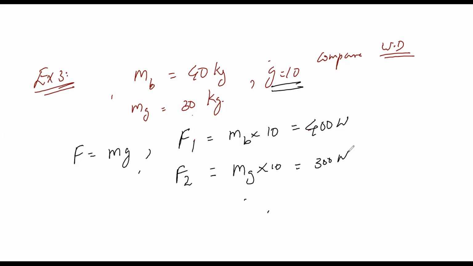After finding the force, next is the total height climbed. They have given that a boy of mass 40 kg climbs up a flight of 30 steps, each 20 centimeter high. So suppose he's climbing one step, each step is how much? 20 centimeter.